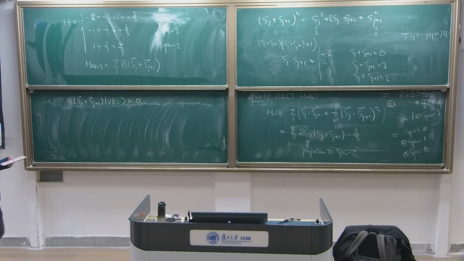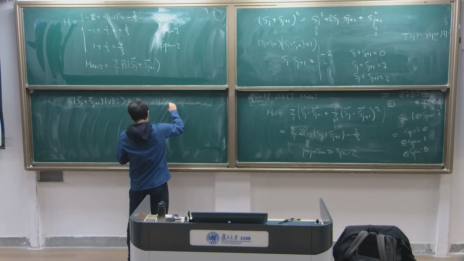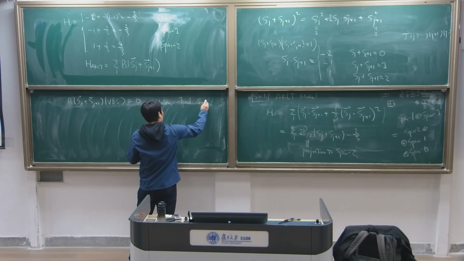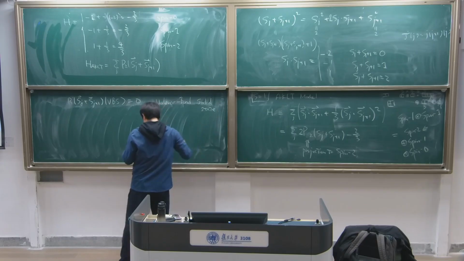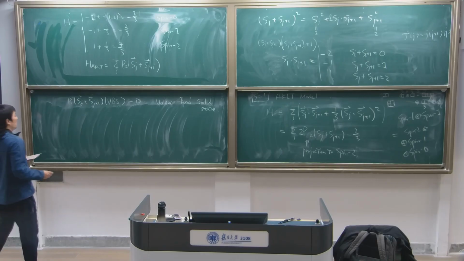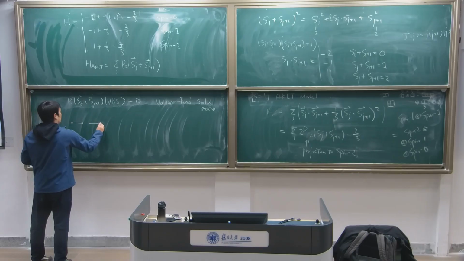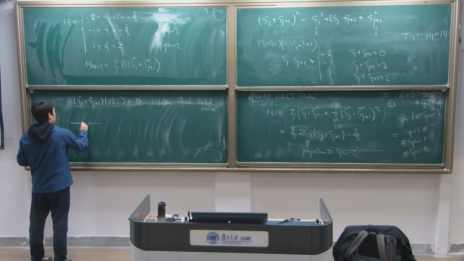It's called VBS, meaning the valence bond solid. The construction is very intuitive.